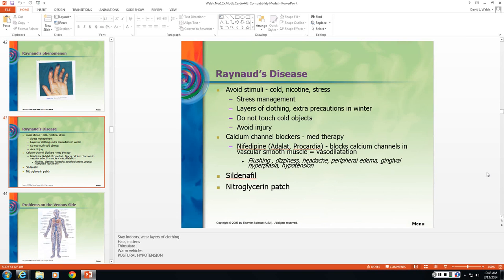You're also going to see them use sildenafil and also nitroglycerin patches. Now, things you've got to watch out for are postural hypotension, okay, with these medications.